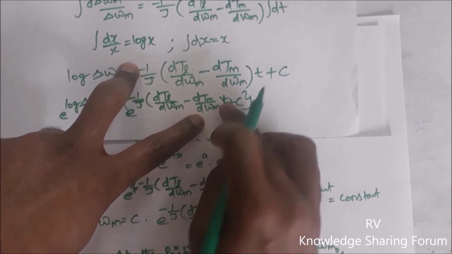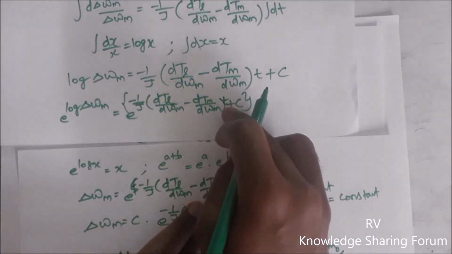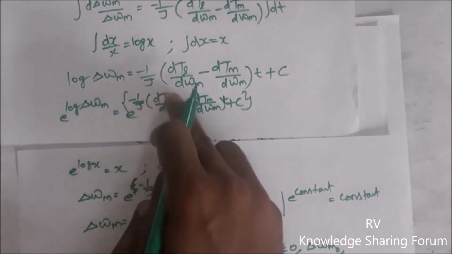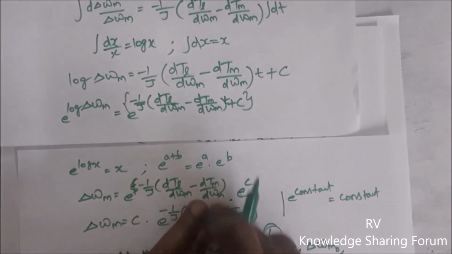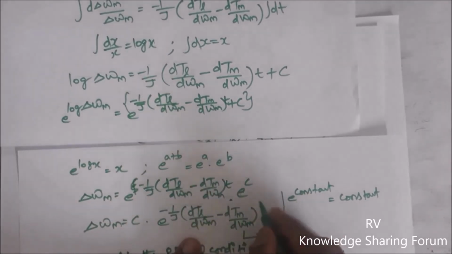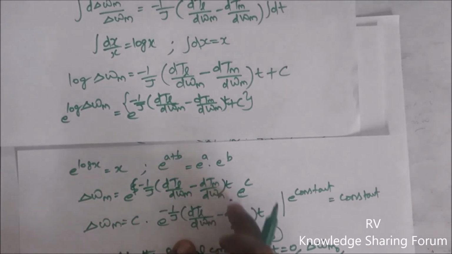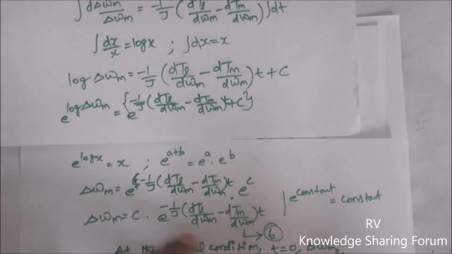I'm extremely sorry, here into t plus c. Similarly, this t will be carried in the exponent here also: e to the power of minus 1 by j dtl by d omega m minus dtm by d omega m into t.